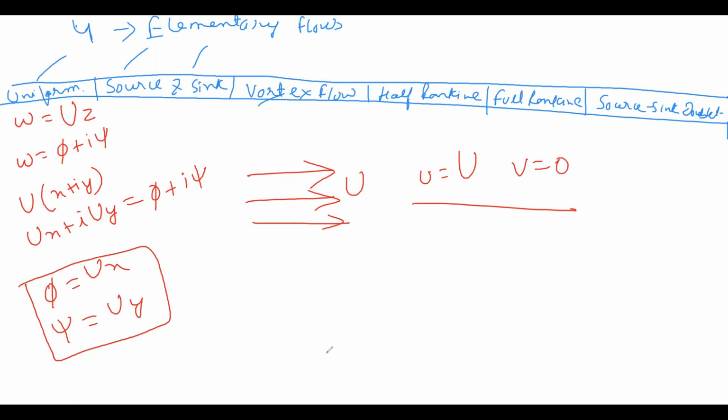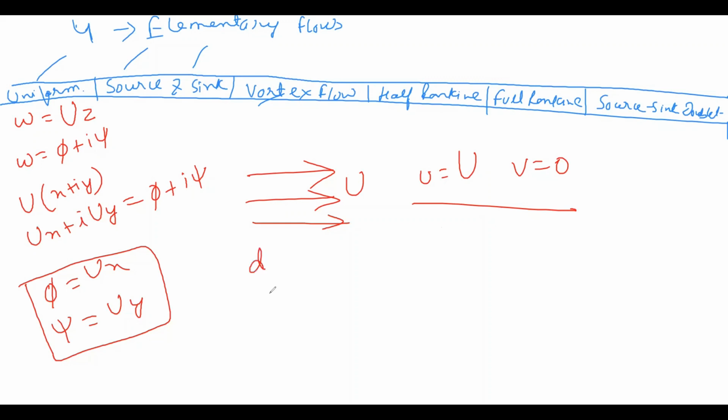Let's see whether this is true or not. dw by dz will be equal to u minus iv. We know this.